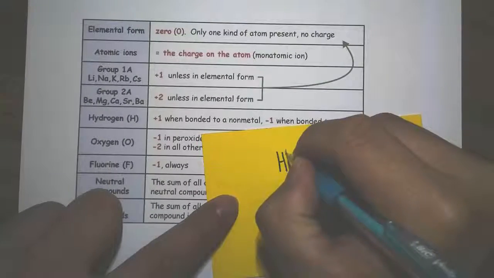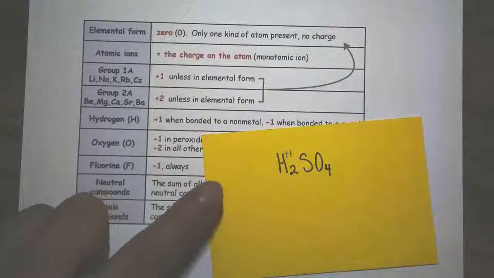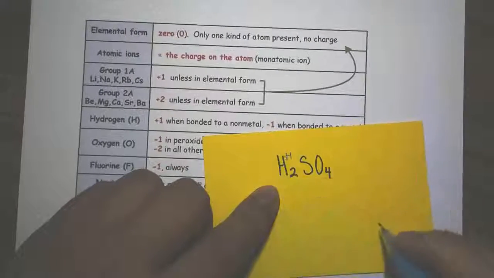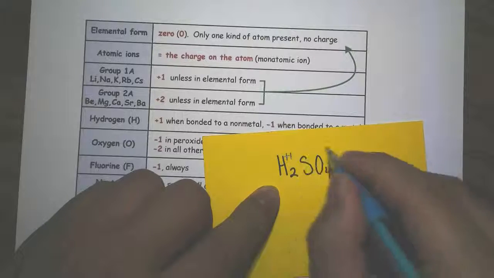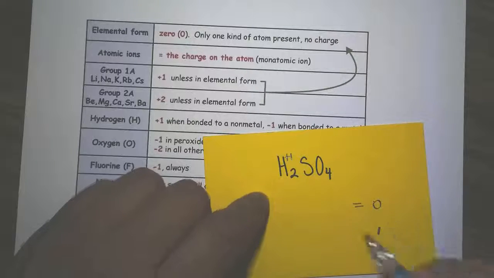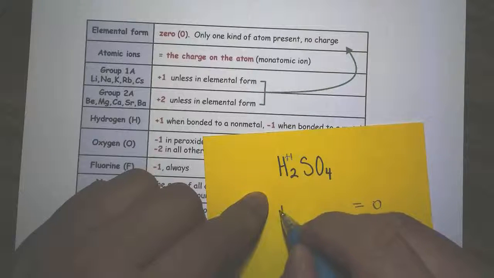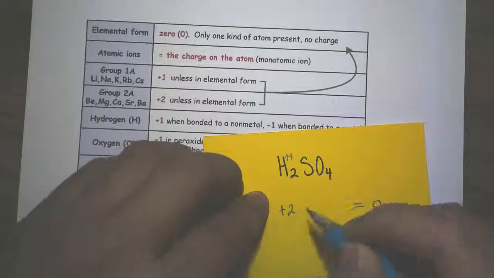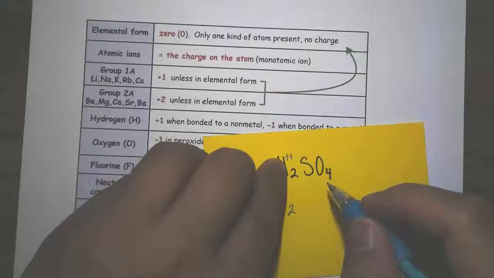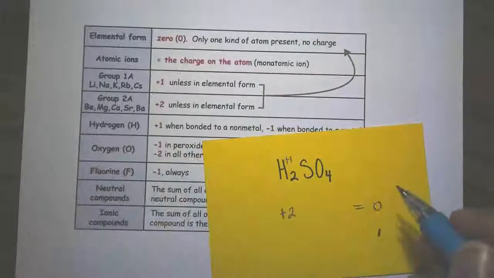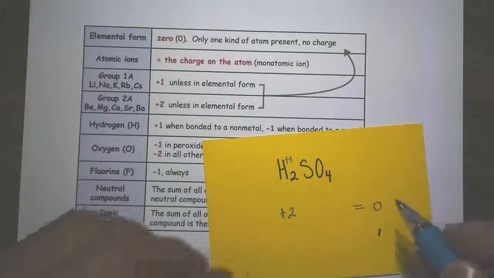Now, this consists of 3 different types of elements, but this is a neutral compound, so the total must be equal to 0. Hydrogen has 2 atoms, so it's +2, but the oxidation number for hydrogen is still +1, because we are looking at just one atom.